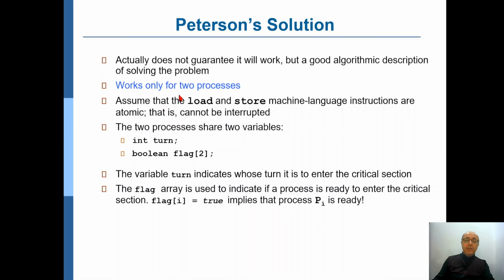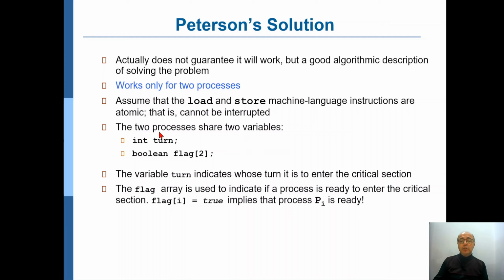We need to assume that the load and store instructions at the machine language level are atomic. That means when you say load, it is guaranteed that there will be no context switch before the load operation, the load instruction is completed. Similar is true for the store instruction. And these two processes share two variables.